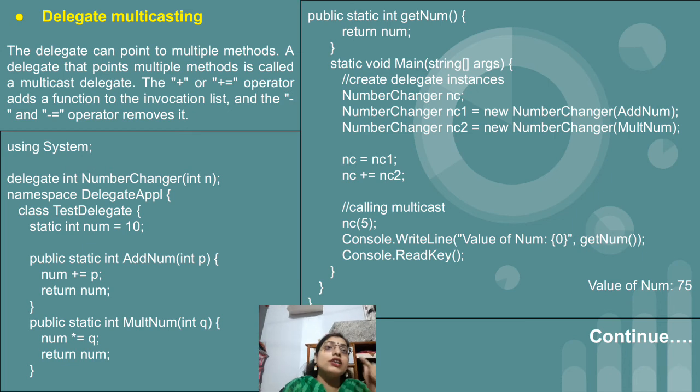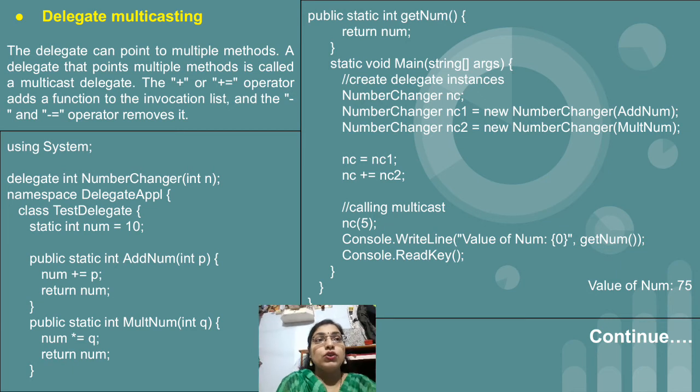So for p and q, both the parameters, the value which is going to be shared is nothing but 5. After that, console.writeLine value of num, and we have called the getNum method, which is again static in nature. So directly we have called it without an object or the name of the class. And if you see, the result is 75.